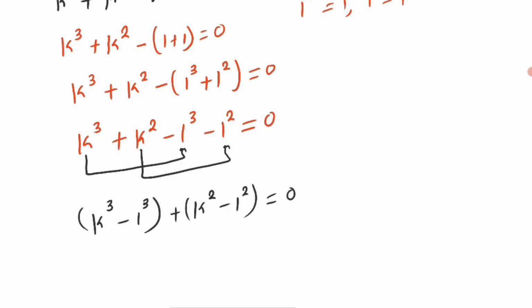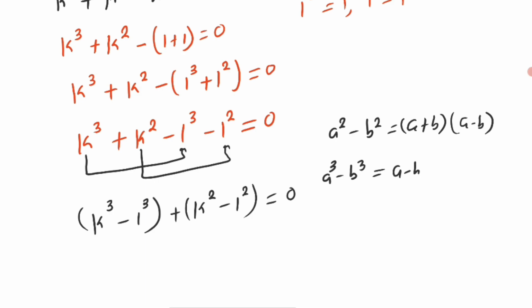Take note of this, that if you have a square minus b square, this is equal to a plus b bracket a minus b. And if you have a raised to power 3 minus b raised to power 3, this is equal to a minus b bracket a square plus ab plus b square.